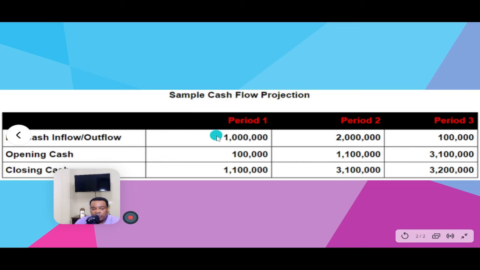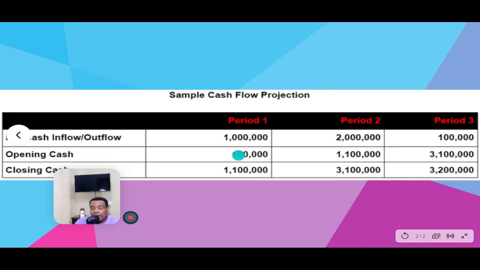Alright, so if hypothetically I have summed my total cash inflows and I have subtracted from that my total cash outflows, and my net result is a net cash inflow of $1 million, I record that here. Then this all important figure here is the cash coming from period 0, not from period 1, from period 0.